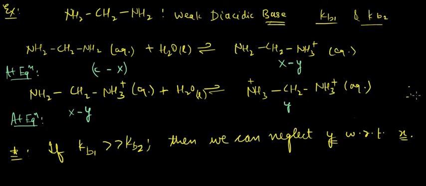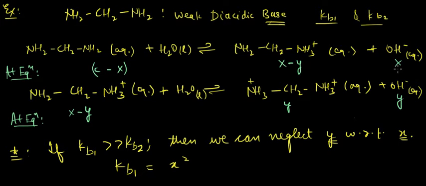Okay, next we can neglect Y with respect to X, so we can write Kb1 as X square upon C minus X. By the way, one OH minus is also formed here and one OH minus aqueous is also formed here. I forgot to write that. So X amount of OH minus would be formed here, and Y amount of OH minus would be formed here.